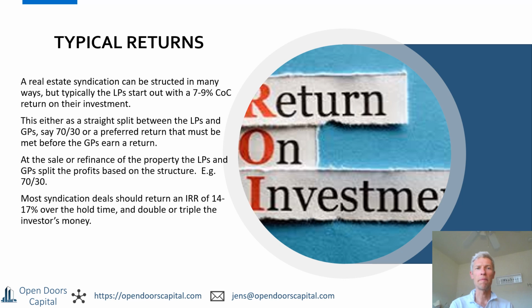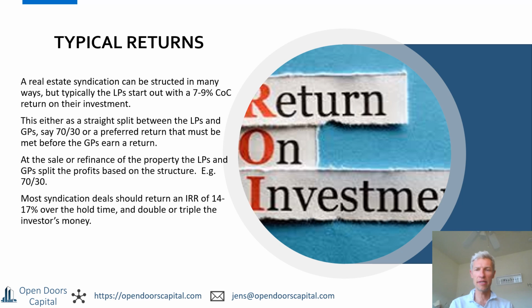And this return can either be a straight split between the limited partners and the general partners, say 70-30, so 70% of all the profits go to the limited partners and 30% goes to the general partners. Or it can be a preferred return that must be met before the GP earns a return. Sometimes you'll see a 7 or 8% preferred return, which needs to be paid before any splits go to the GPs.